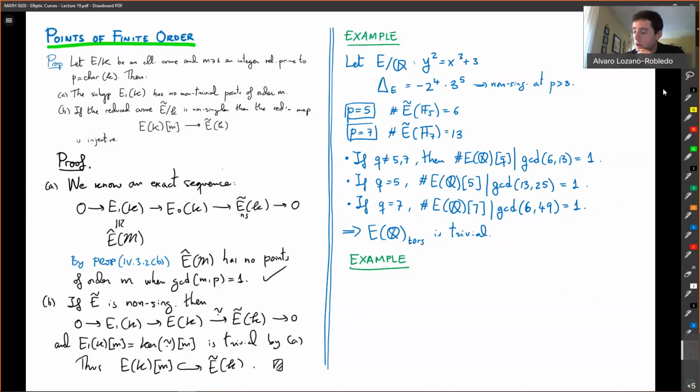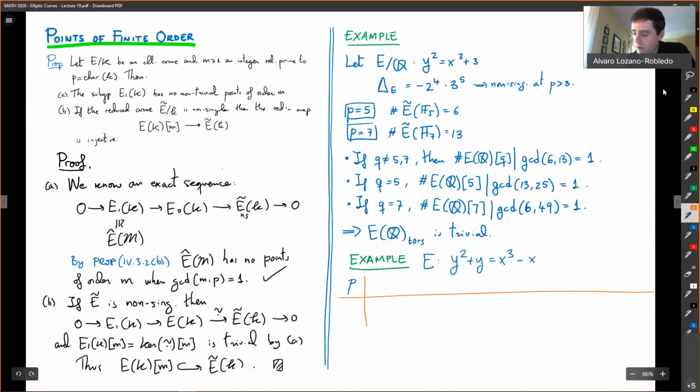Okay. Let me give you one more example, which is the following. So let's work backwards and start with an elliptic curve like this, and then compute the number of points. I'm going to put up a table of primes and also the number of points in the reduction modulo p.